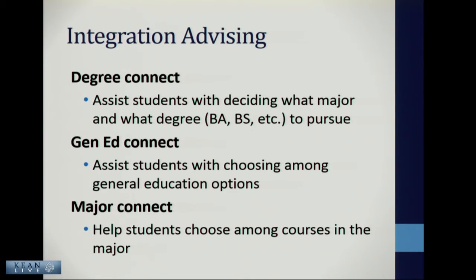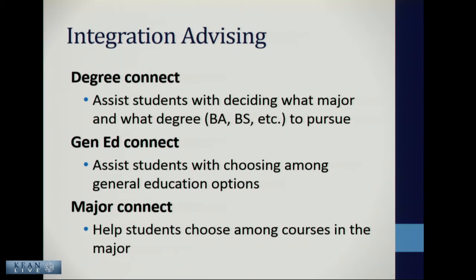In terms of integration advising, there are so many roles we have, and one of them is talking to students about their degree, right? So this will be advising students about what major to pick or what degree to pursue. Gen Ed course selection is assisting students with choosing general education courses. Major Connect is when we're helping students with choosing courses within their major.